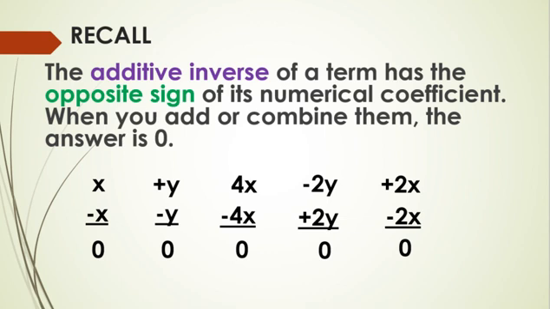So as you observe, additive inverses or opposites have opposite numbers but have the same variables. So always remember this concept because we will be going to use it in our lesson.